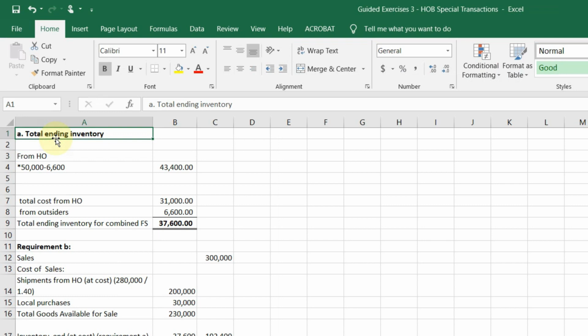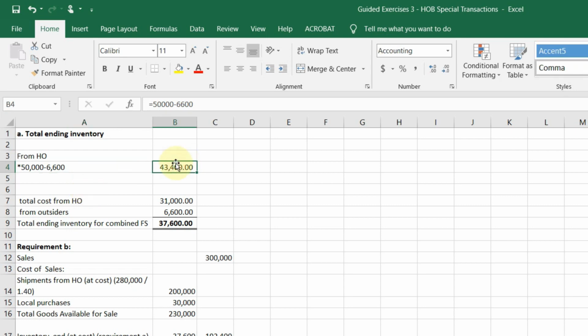So, ibig sabihin, ito ay dapat yung walang markup. So, tanggalin natin ang markup. First, you have to consider the given na sa 50,000 daw, meron daw 6,600 from outside parties. Okay, so deduct mo siya, you'll have total from HO of 43,400.